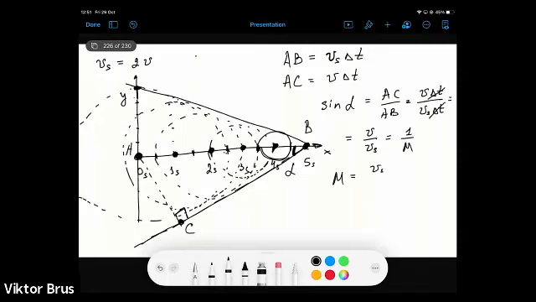So that is Vs divided by V. So when you know the speed of the plane and also the speed of sound, you can calculate M. If you know M, you can determine the angle at the top of this shockwave cone, and then it is possible to deal with problems associated with the shockwave created by objects which move in the environment with a speed higher than the speed of sound wave propagation.